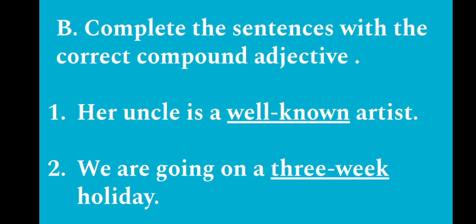Well-known is a compound adjective and it tells about her uncle. Second one. We are going on a dash holiday. We are going on a 3-week holiday. 3-week is the compound adjective. We are going on a 3-week holiday.